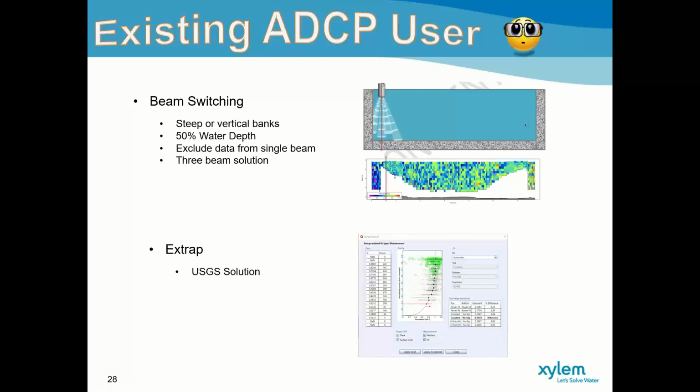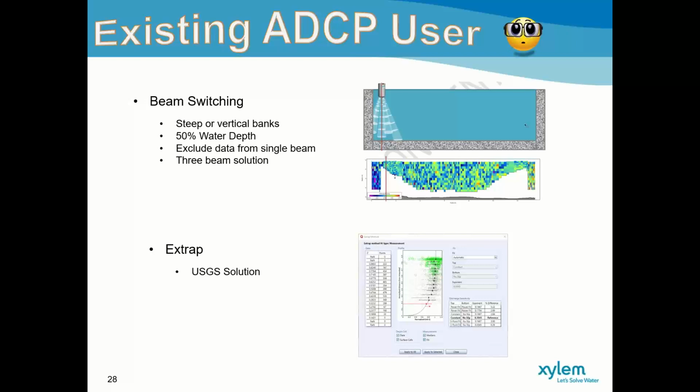Beam switching, of all the years that I've been involved with SonTek, is probably the biggest headache for most customers, is the fact that acoustic Doppler current profilers, or ADCPs, currently on the market cannot accommodate channels with steep banks or vertical banks, and that is because one of the beams is impacted by the bank itself.